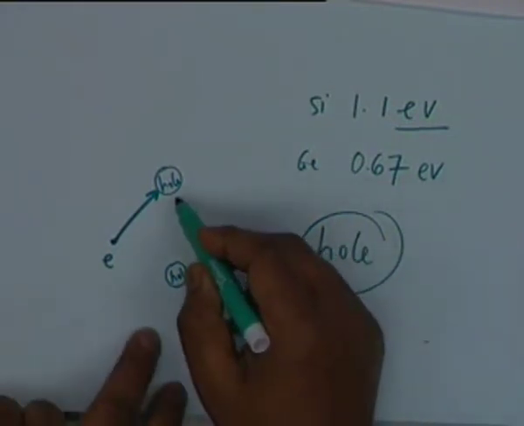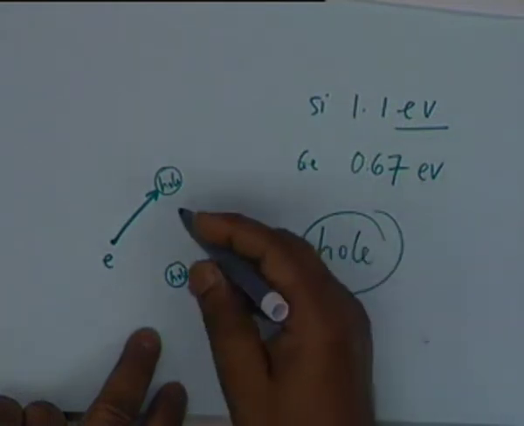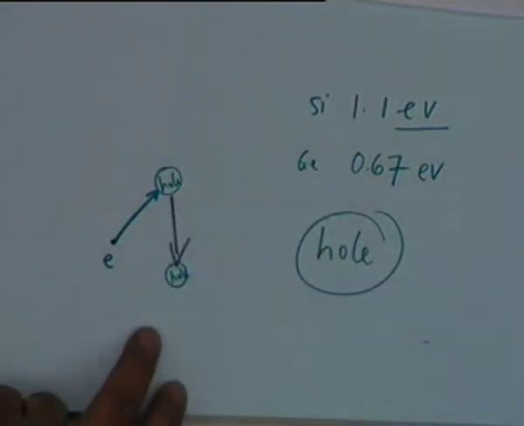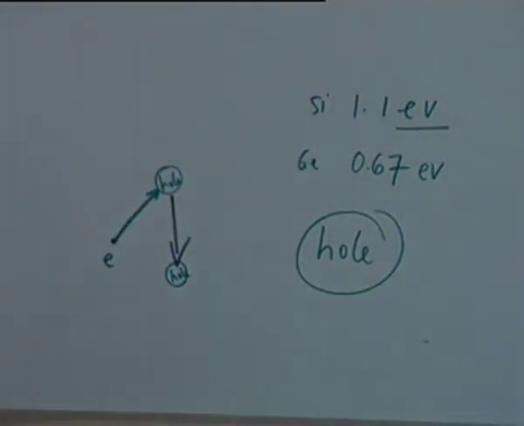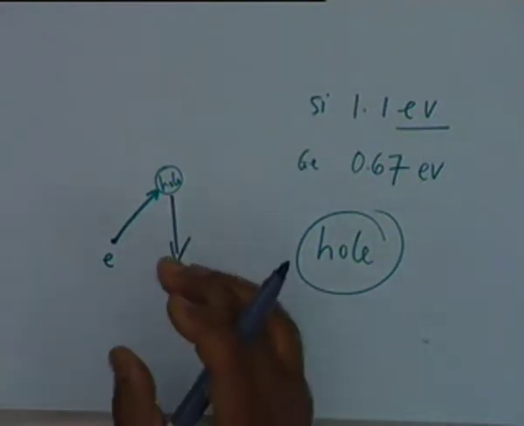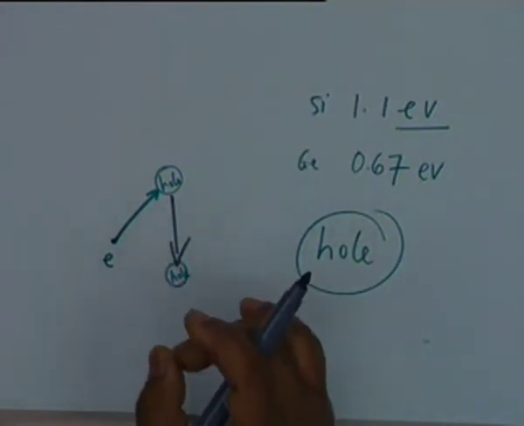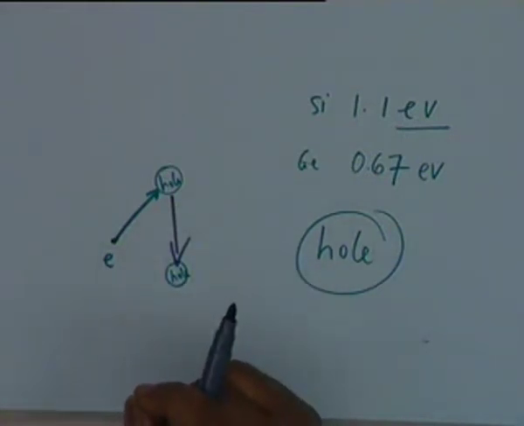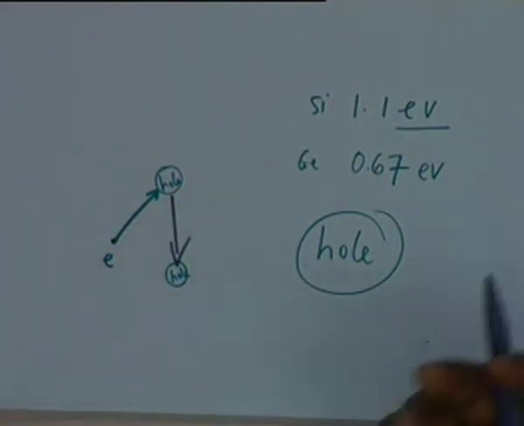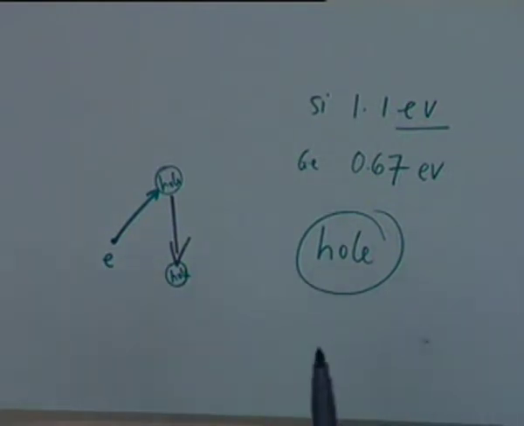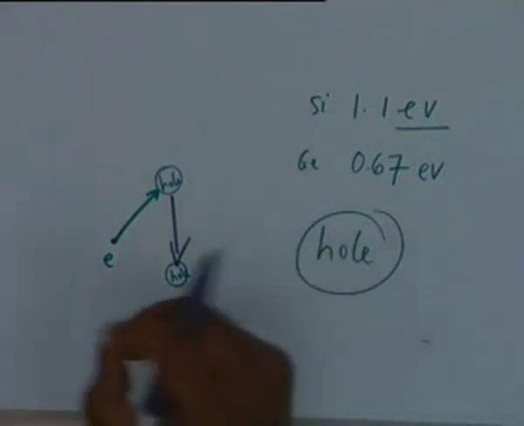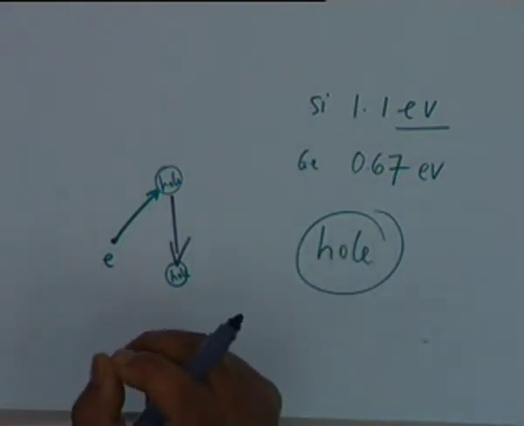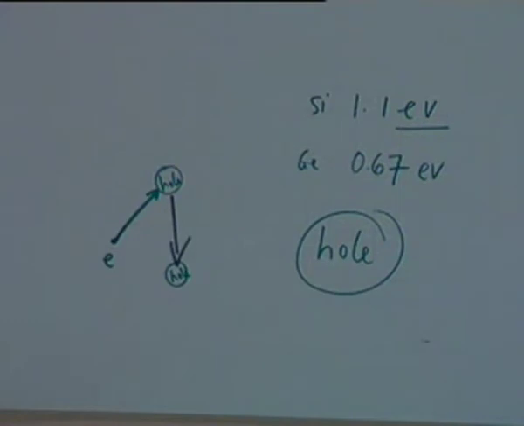So it is as if this hole, which was in this position, has moved to a new position. By sophisticated calculations of quantum mechanics, it can be shown that the hole movement is exactly like that of an electron. That is, the hole, which is a vacancy, now behaves as a positive charge with a charge equal to that of the electron and a mass which is different from that of the electron.